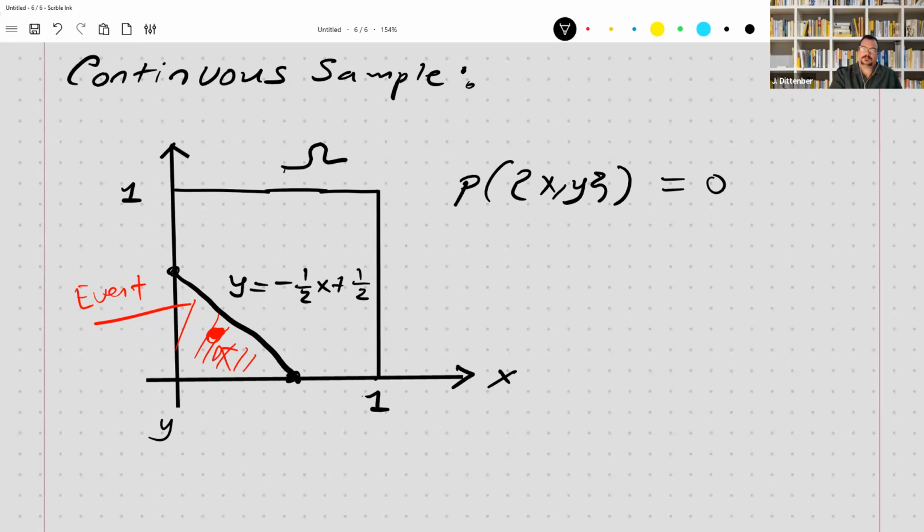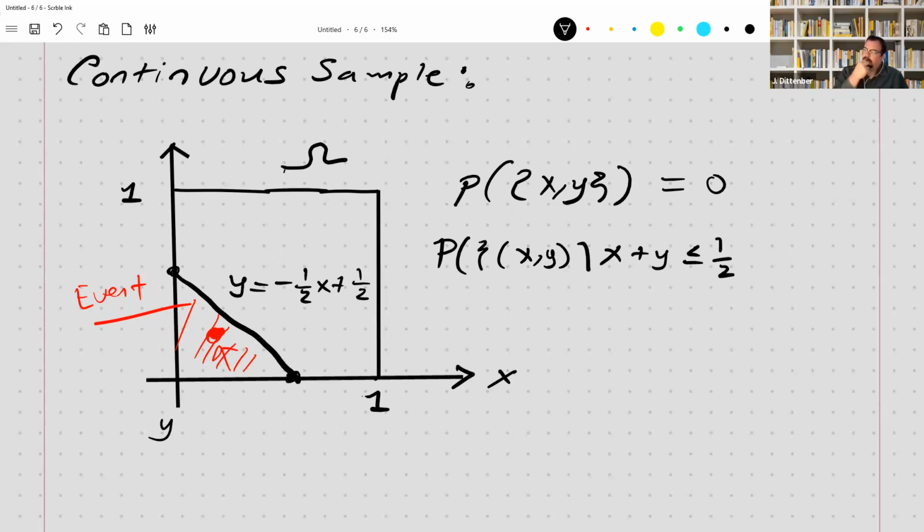And so here, this would be the event that my points X and Y are going to be such that, let's see, I want to make this in terms of X and Y. So it's going to be such that X plus Y is less than or equal to 1/2. And that should be correct.